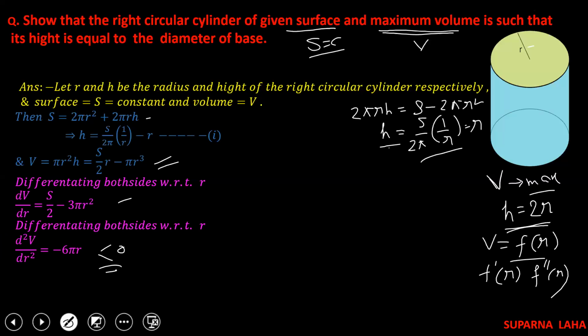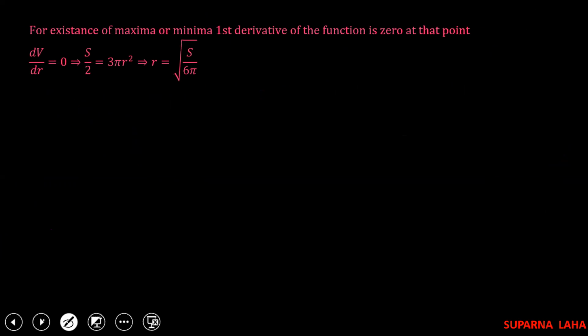But we need to check the second derivative at the point x equals c, and before that find the value of c. If we want to find the value of c, we need to set dV/dr equal to 0. That means S upon 2 is 3 pi r squared.